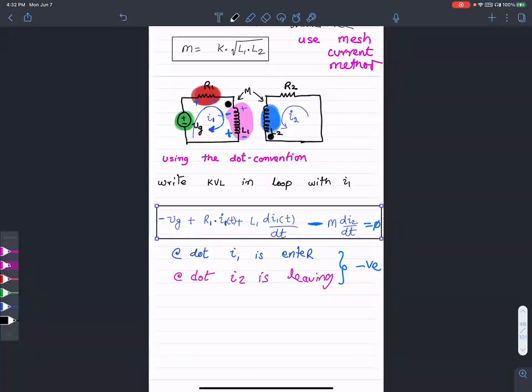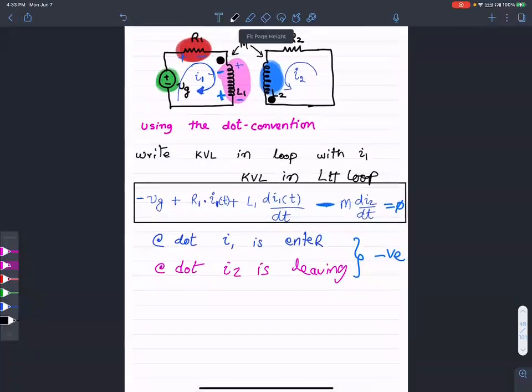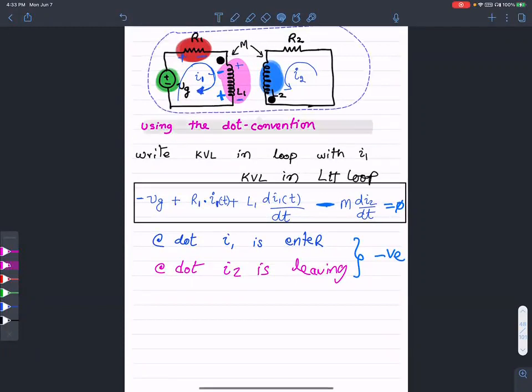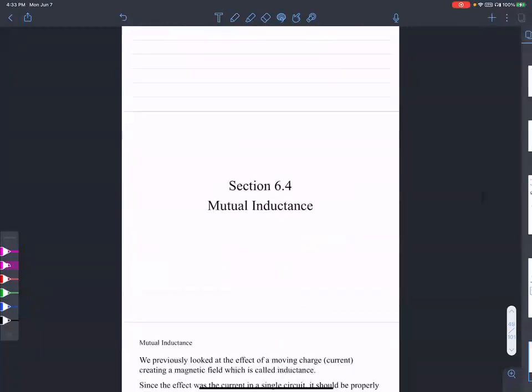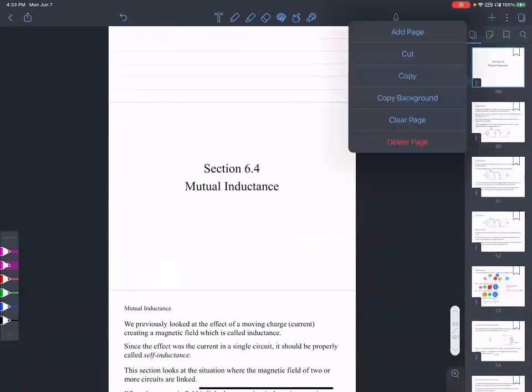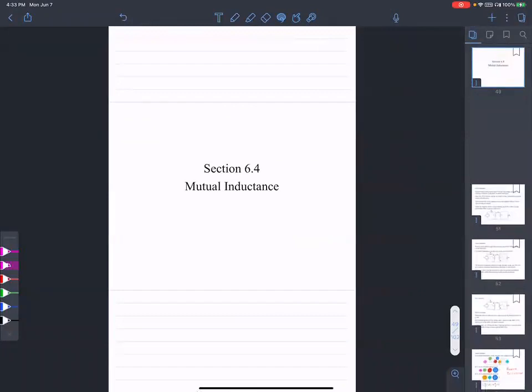So this is coming from KVL in the left hand loop. Let's do the same thing. Let's see if we can apply the KVL in the right hand loop. We'll copy this, and let me add a page one more time.